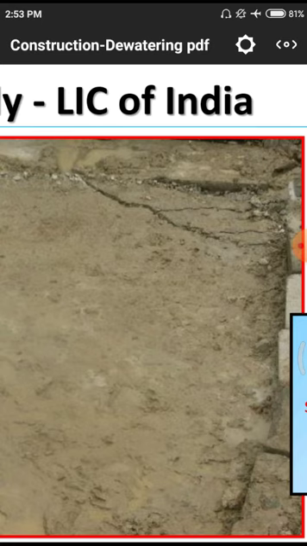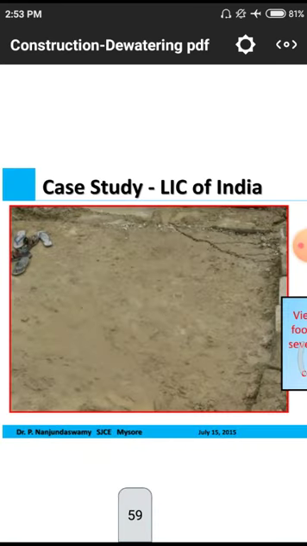That means if the water is removed, automatically they get some quantity of voids. The soil had some quantity of water, and when we remove it, the volume decreases. Due to the decrease of volume, in some cases we get these kinds of cracks at the edges.